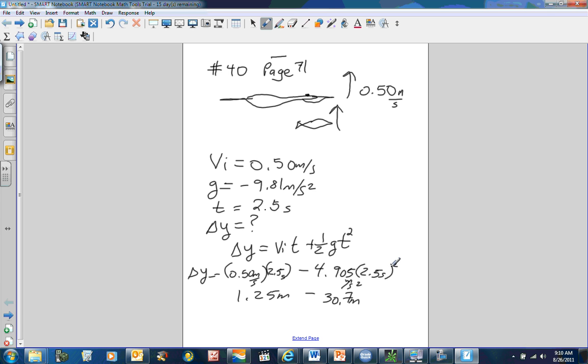Don't forget to square your 2.5. That's a common mistake. So if I say 1.25 minus 30.7, I get negative 29.406, and that is part of my answer.